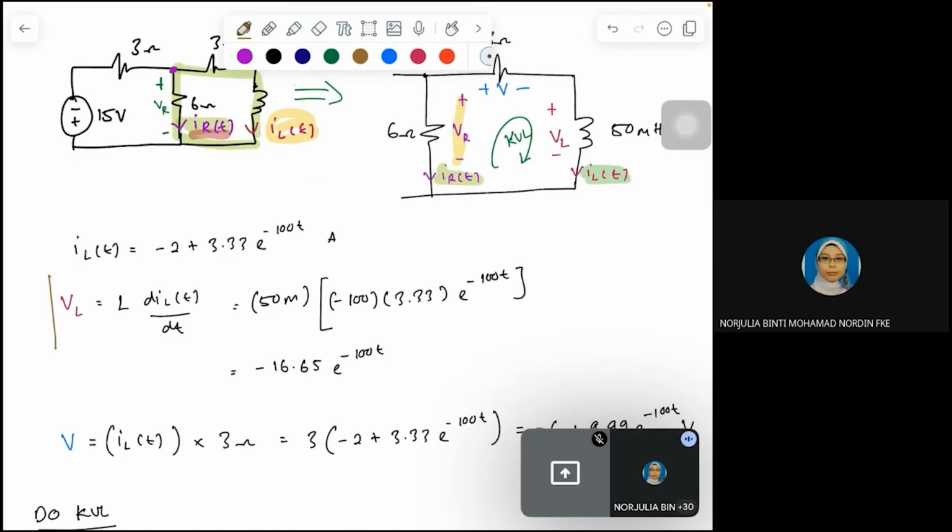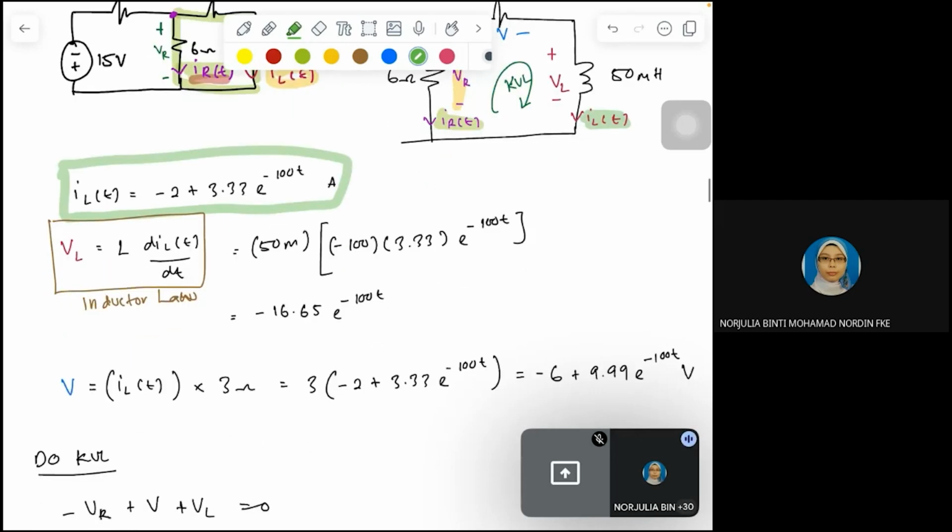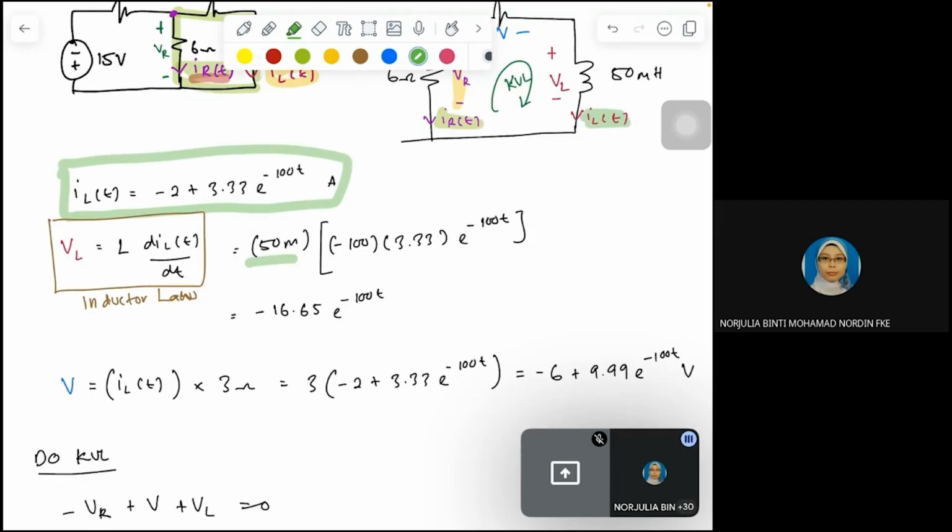The inductor law says the voltage across the inductor is equal to L times the differentiation of IL with respect to t. So you need to differentiate your IL equation and then multiply with L, then you will get the equation of VL. So this is your VL.